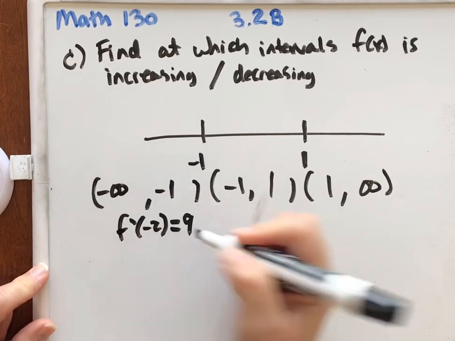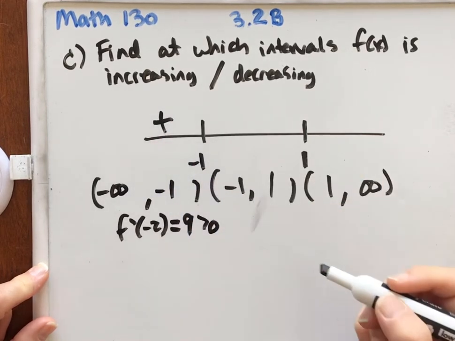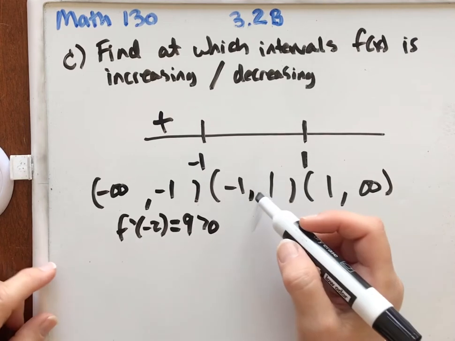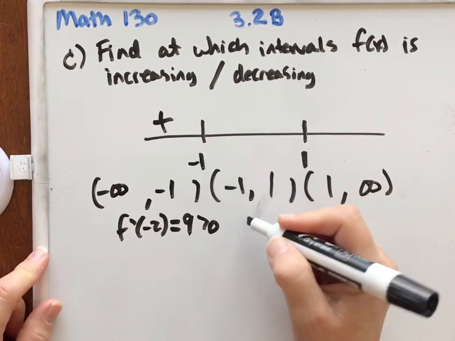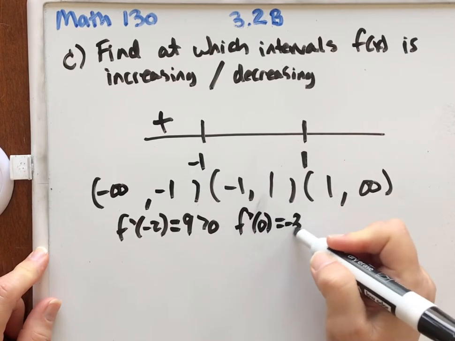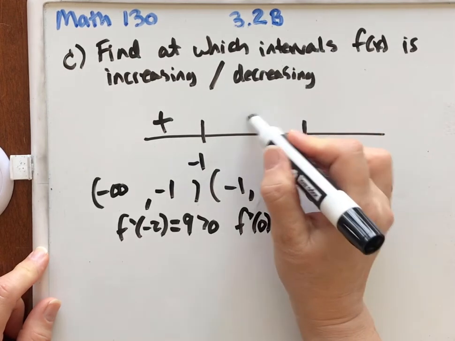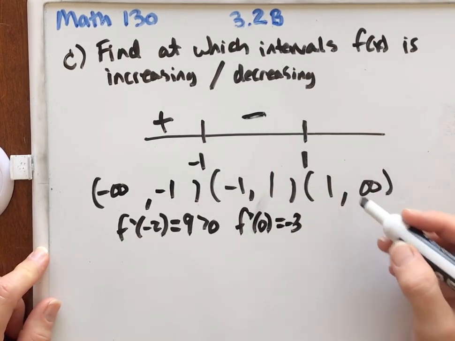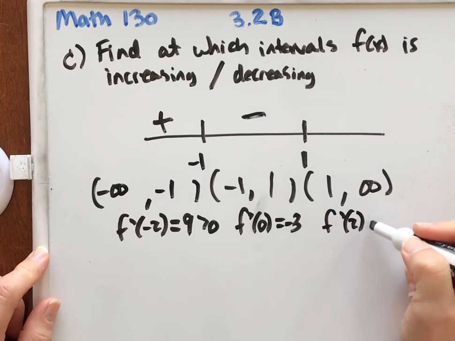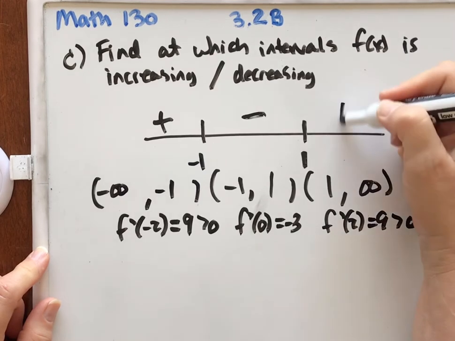f prime of -2 equaled 9, and 9 is greater than 0, so that was positive. It was increasing. Then we tested 0 because 0 is there. f prime of 0 equals -3, which is less than 0, so this becomes negative. Then we chose 2, and f prime of 2 equals 9, which is greater than 0, so we have increasing.